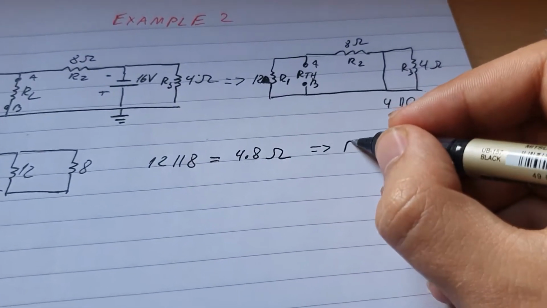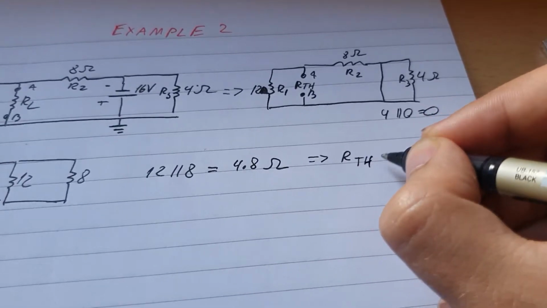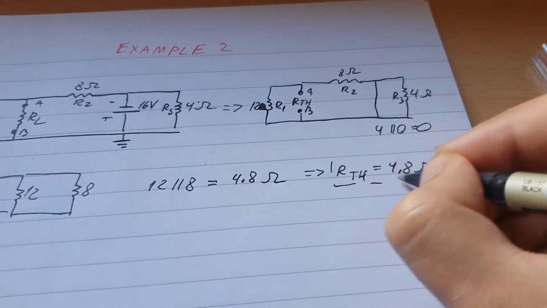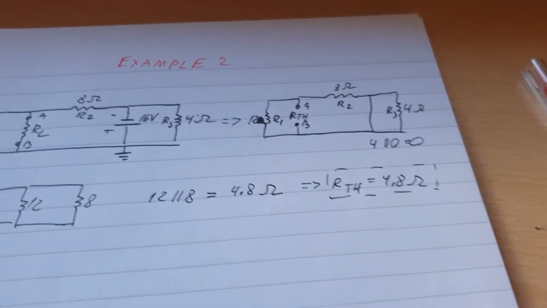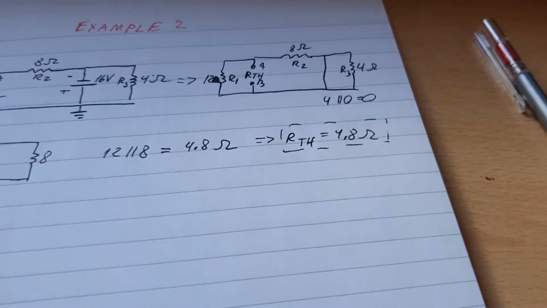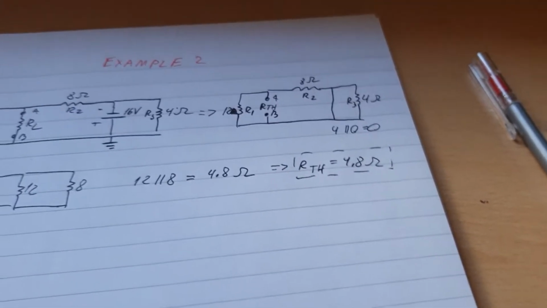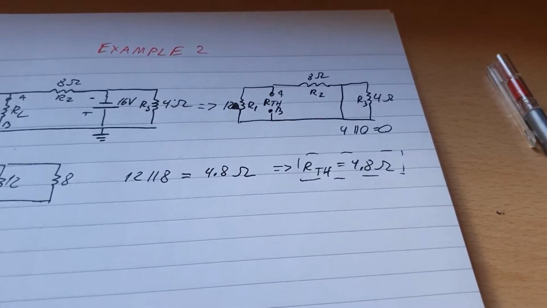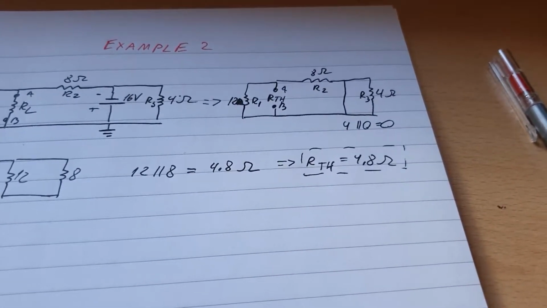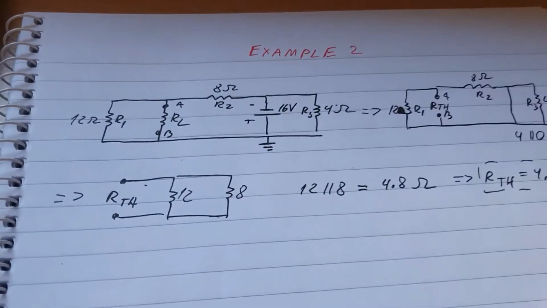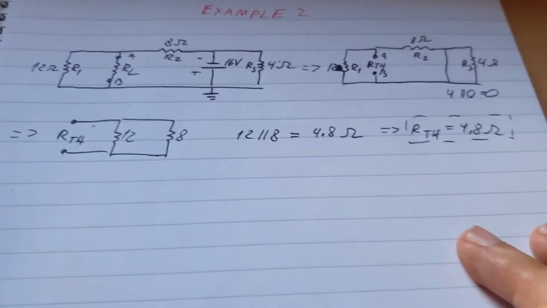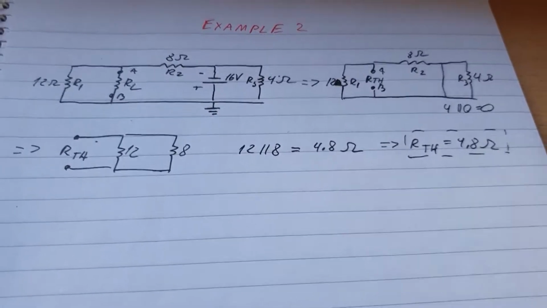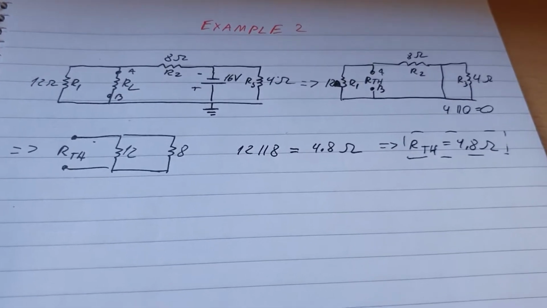Therefore RTH is equal to 4.8 ohms, and this is one of the values that we need to remember. So let's square it up. I still put random values inside the resistors and the voltage sources and everywhere, and I still draw it randomly. But now I calculated beforehand, so the videos will be a bit shorter than before, especially since there are 5 examples in this one.